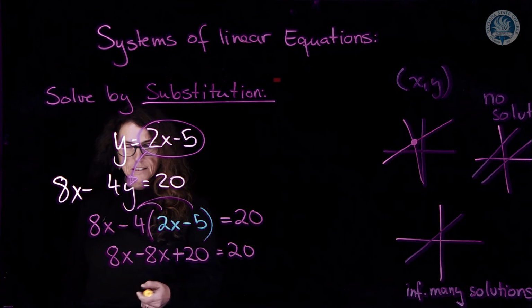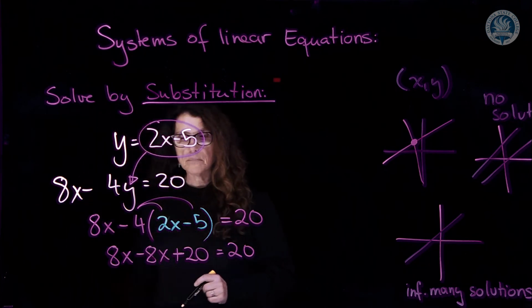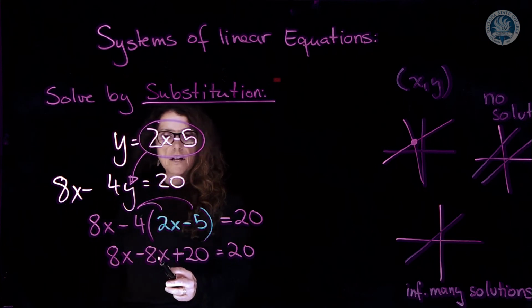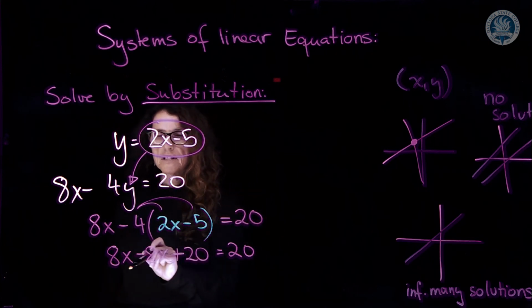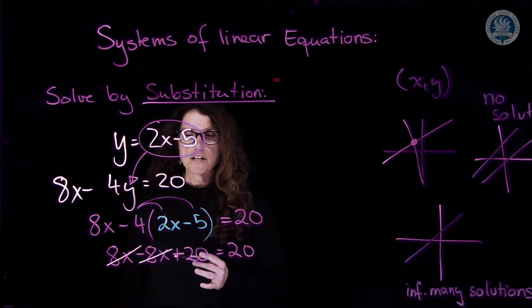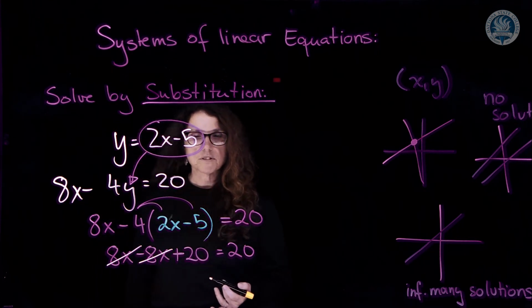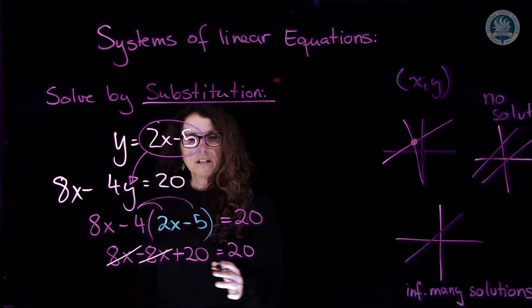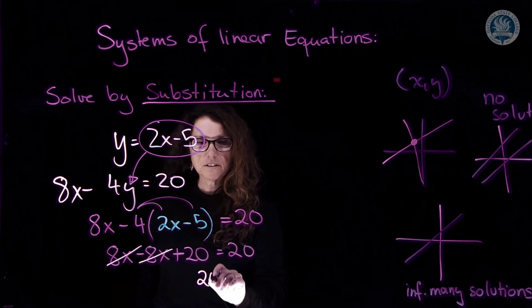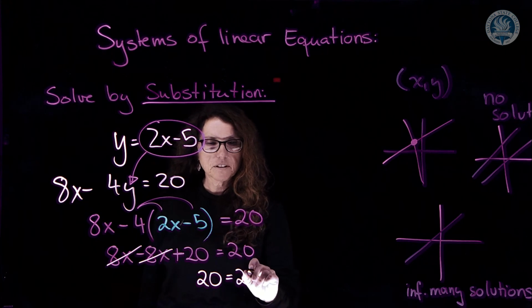So let's see what we can do. We combine like terms. 8x minus 8x, no worries, yes, indeed, they do cancel out. That does happen sometimes. What we are left with in this particular problem is 20 equals 20.